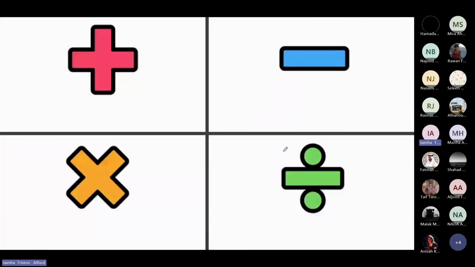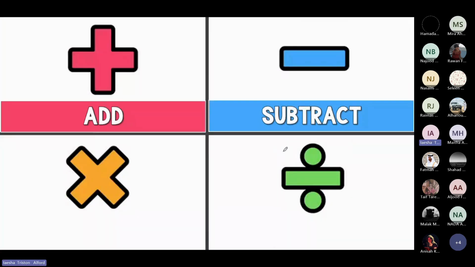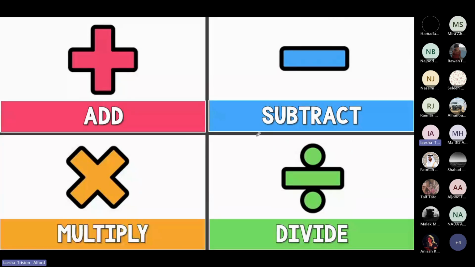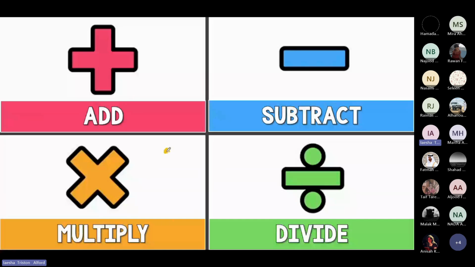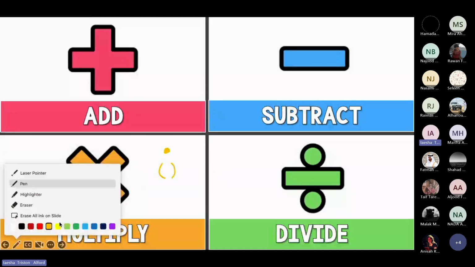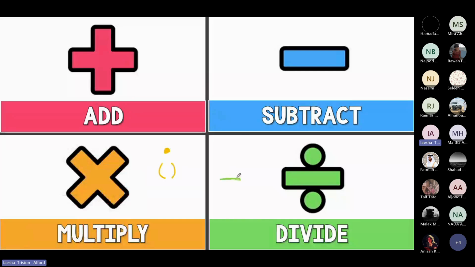Here, as a reminder, your symbols in the calculator. You have this one is add, this one is subtract, this is multiply, and this is divide. Remember in grade 9, when we are talking about multiply, we use a symbol like this one, or we're using parentheses. When we talk about divide in grade 9, we are using a fraction bar.